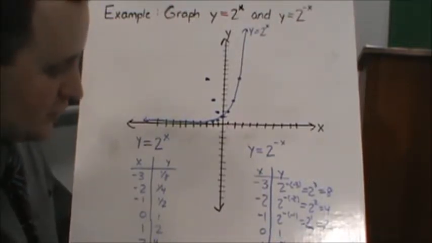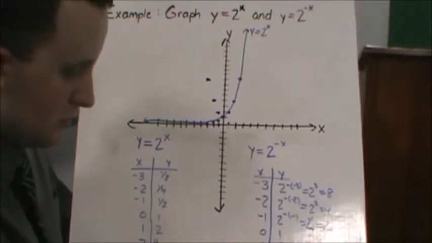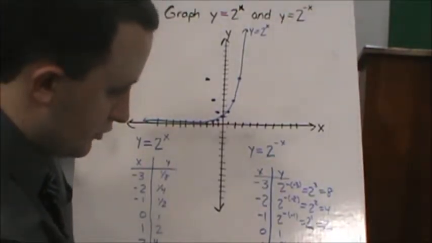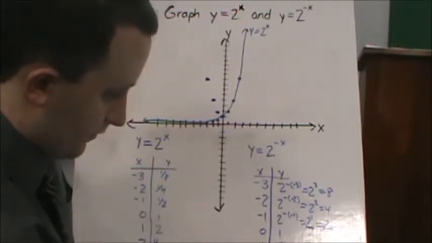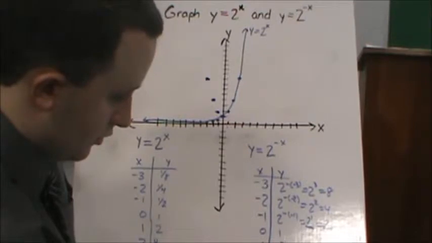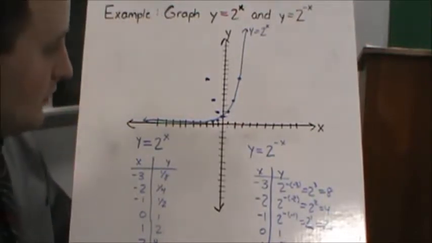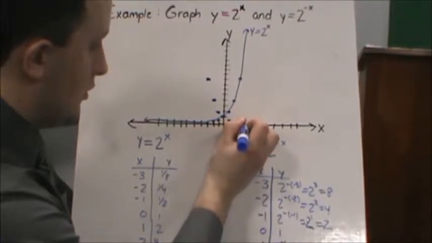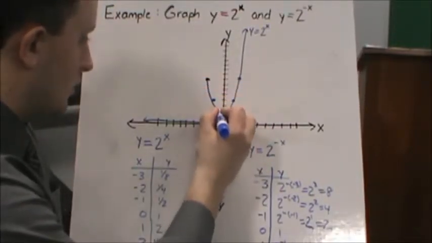And likewise for 2 and 3, we get 2 to the negative 2 power, which is just 1/4, and 2 to the negative 3rd power, which is just 1/8. Okay. So if we go ahead and graph those points.